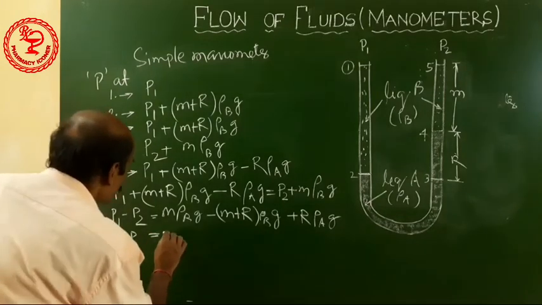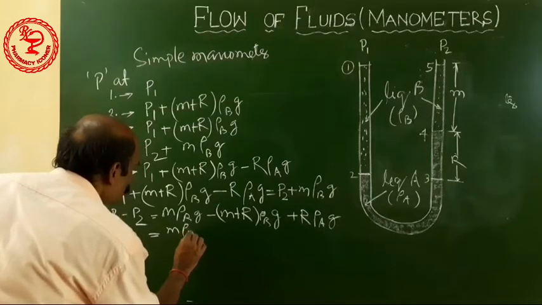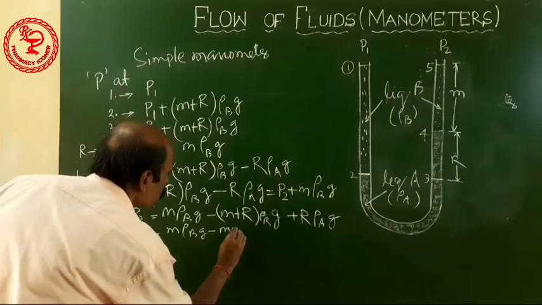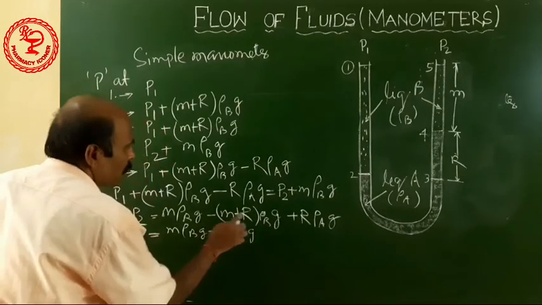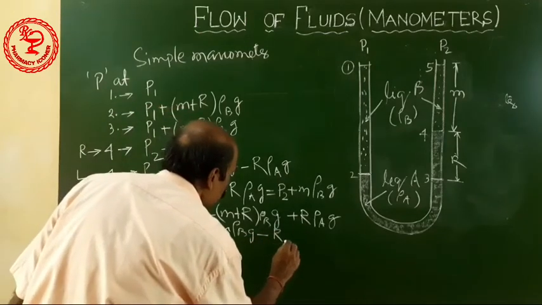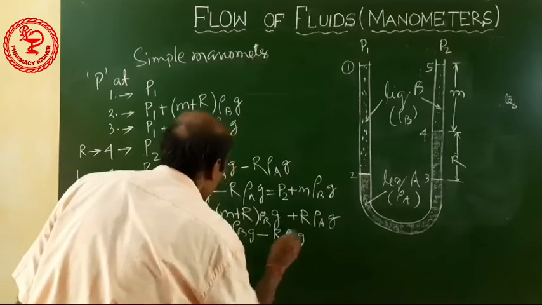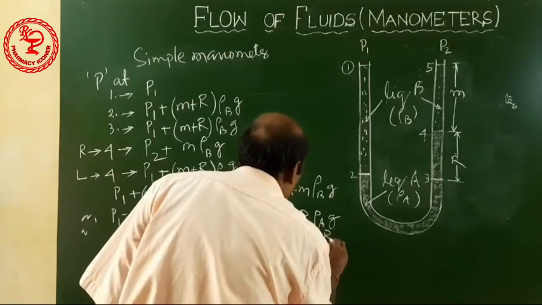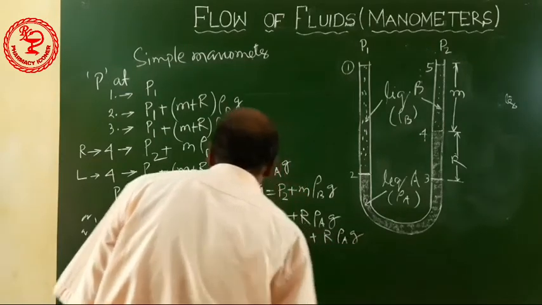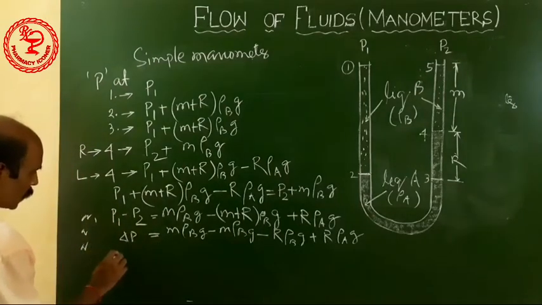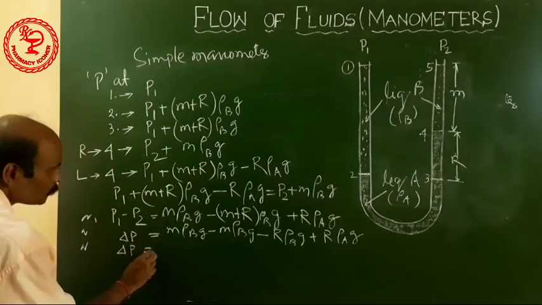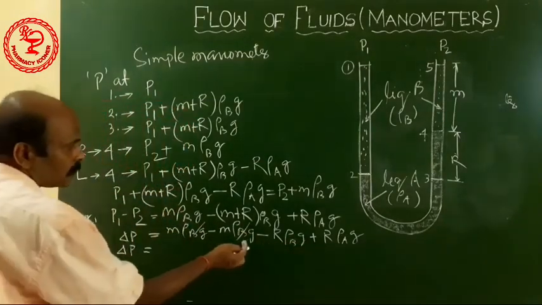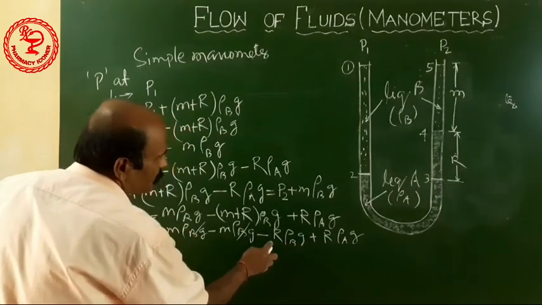Now we simplify it: m rho b g minus m rho b g minus r rho b g plus r rho a g, or delta P is equal to, this will cancel, r rho a g minus r rho b g.